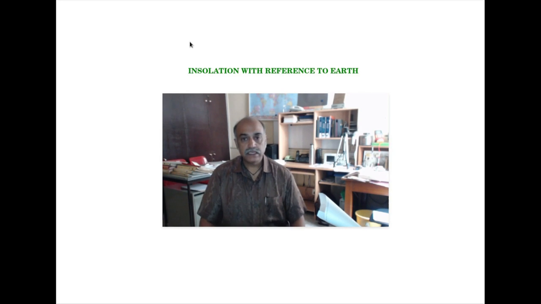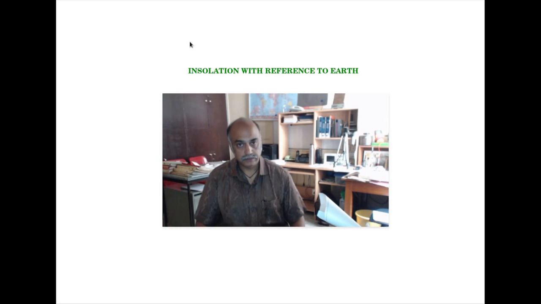All this is because the Earth is rotating about its own axis. These are the diurnal changes, and the Earth is also revolving about the Sun in an elliptic orbit, giving rise to seasonal changes.